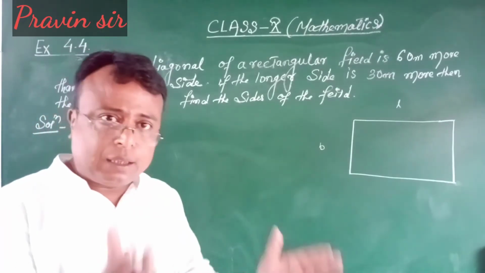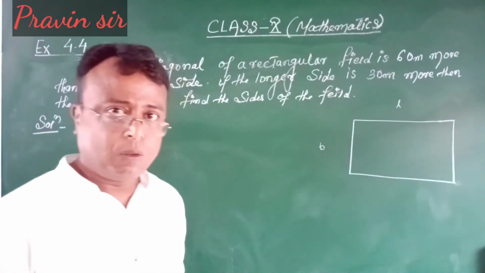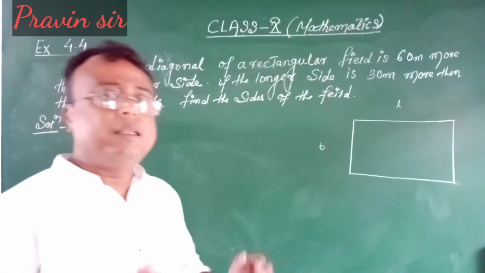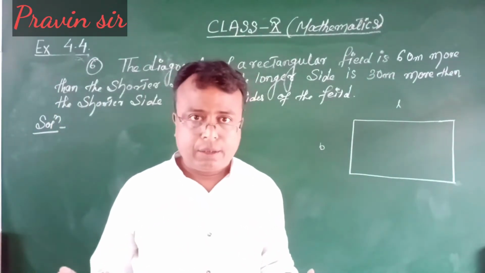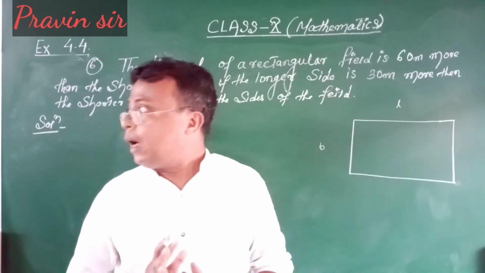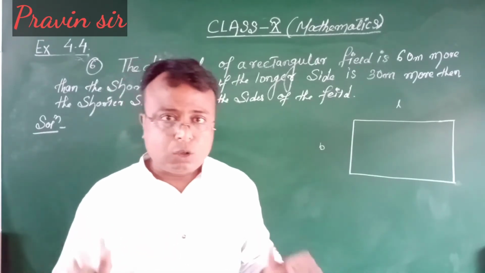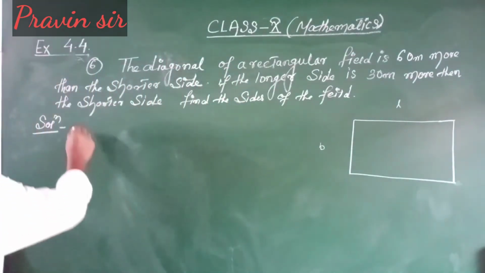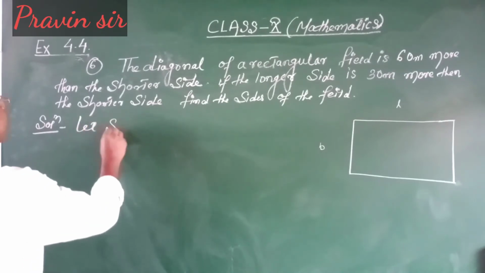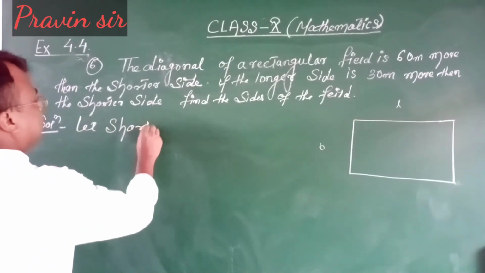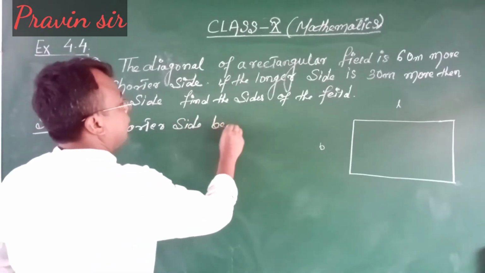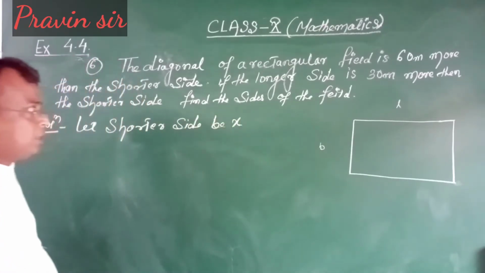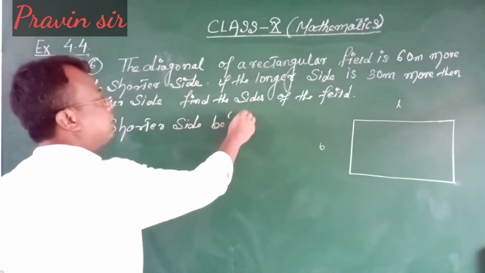Only the shorter side is being compared with. So here in this question the unknown thing is the shorter side. So we'll suppose let the shorter side be x. What did we suppose? The shorter side is x.